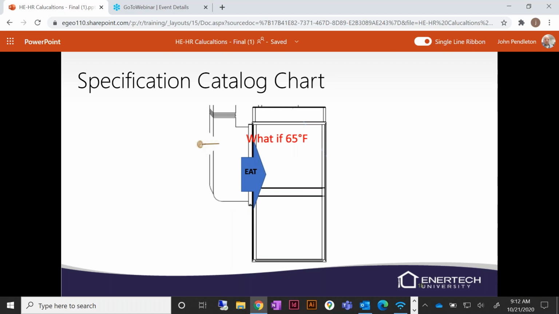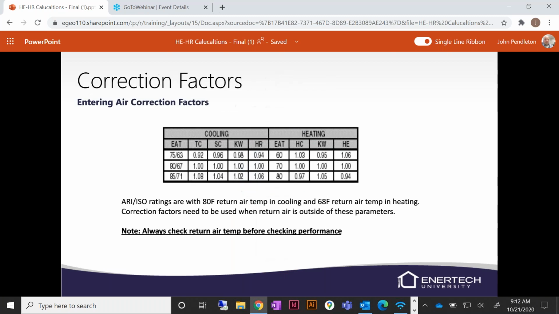So again, if we have 65 degrees, we can look at this little chart here and use some correction factors. To be honest, I've only used this correction factor chart just a couple times. Normally the calculation will work out okay, and we don't have to really worry about it too much. So you may or may not really need this chart.